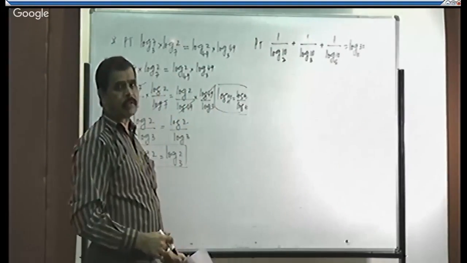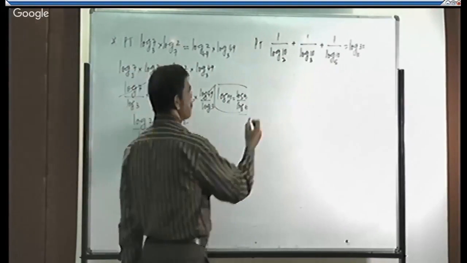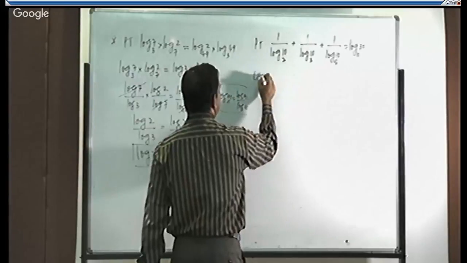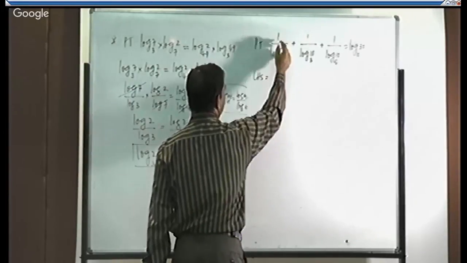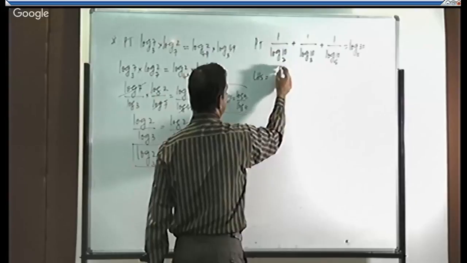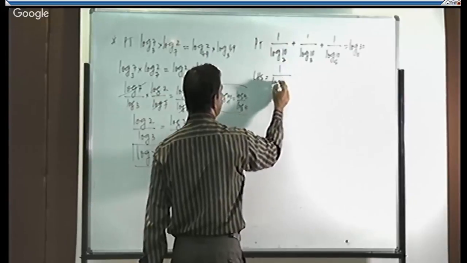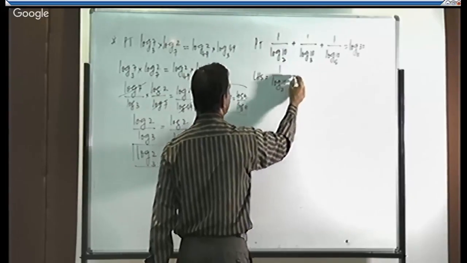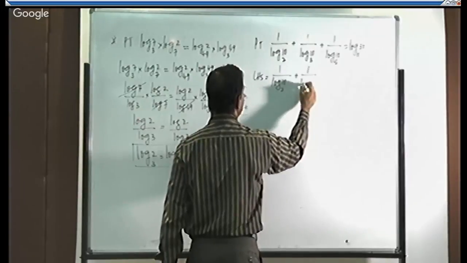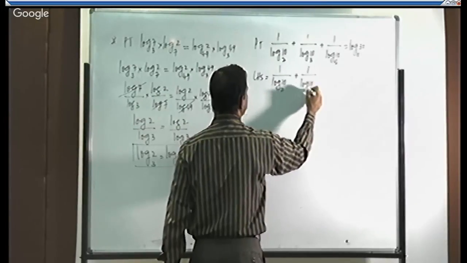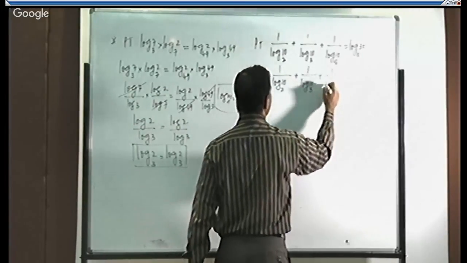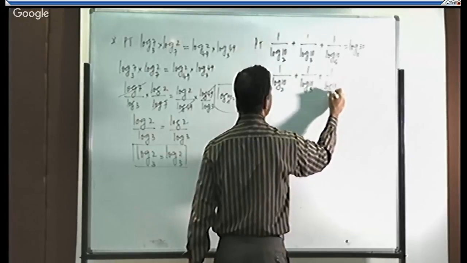Take the left hand side. What is the left hand side? It is equal to 1 divided by log of 10 to the base 2 plus 1 divided by log of 10 to the base 3 plus 1 divided by log of 10 to the base 5.